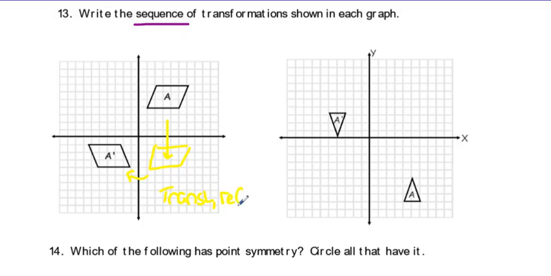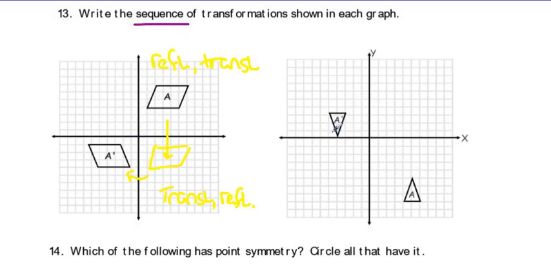Translation followed by a reflection. There are various other answers. It could perhaps be a reflection followed by a translation. You could first reflect it in the y-axis and then translate it. Could you be specific and tell exactly how? Absolutely. You could translate it 1, 2, 3, 4, 5, 6, 7, 8 places down, and then reflect it in the y-axis, or reflect it in the y-axis and then translate it 8 units down.